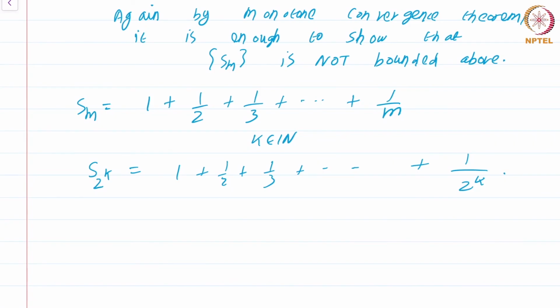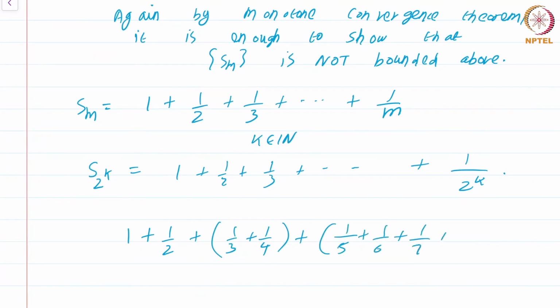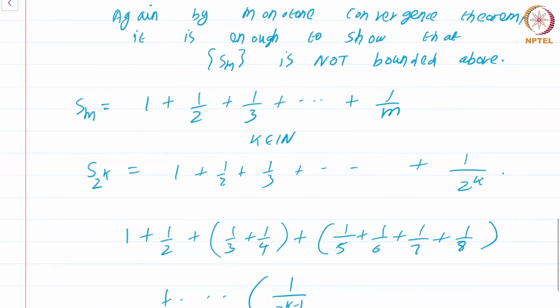I write this as 1 plus half plus 1 by 3 plus 1 by 4 plus 1 by 5 plus 1 by 6 plus 1 by 7 plus 1 by 8 plus dot dot dot 1 by 2^{k-1} plus 1 plus 1 by 2^{k-1} plus 2 plus dot dot dot 1 by 2^k.